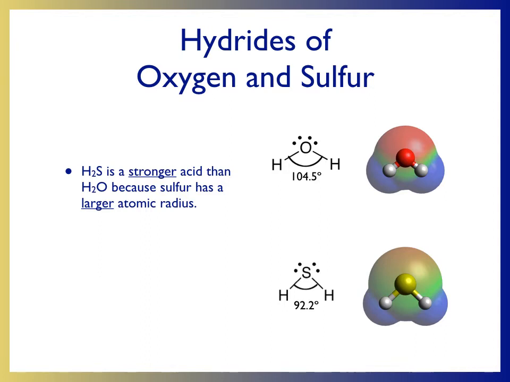Since oxygen is a smaller atom than sulfur, the oxygen-hydrogen bond energy is a lot greater than the bond energy for a sulfur-hydrogen bond, meaning that it's easier to break an S-H bond than to break an O-H bond, which results in H2S being a stronger acid than water.